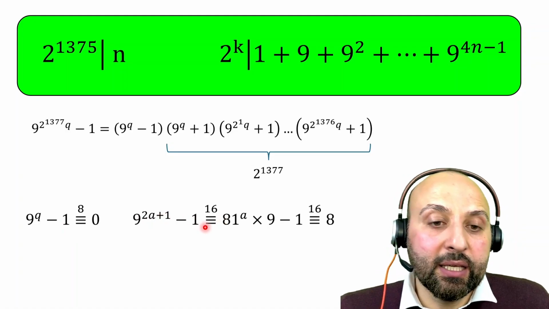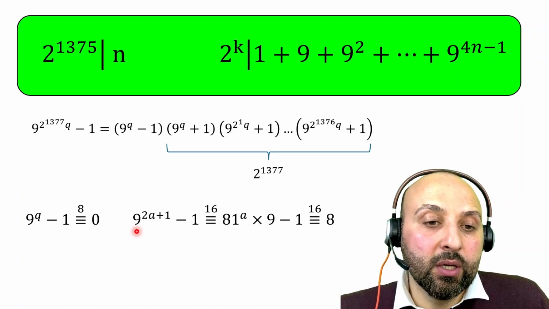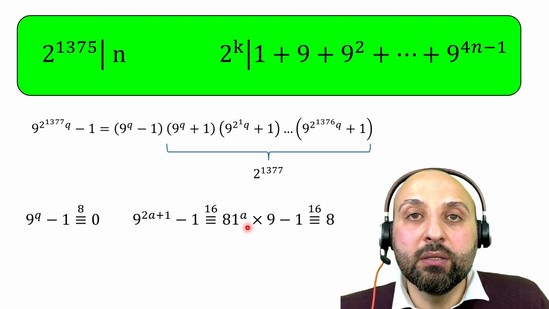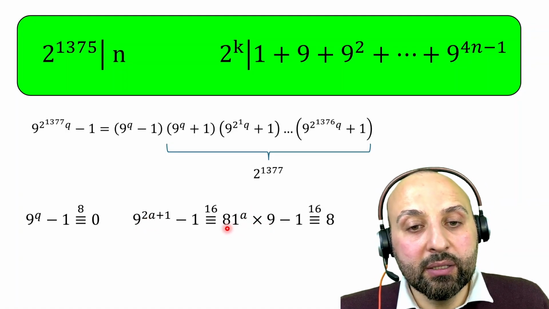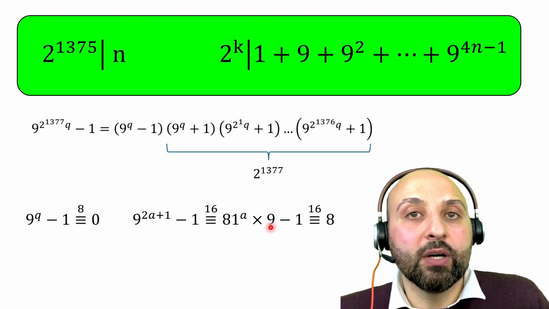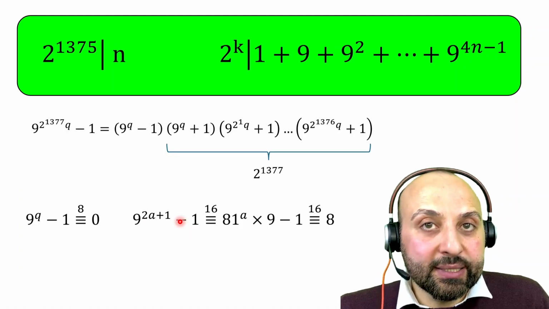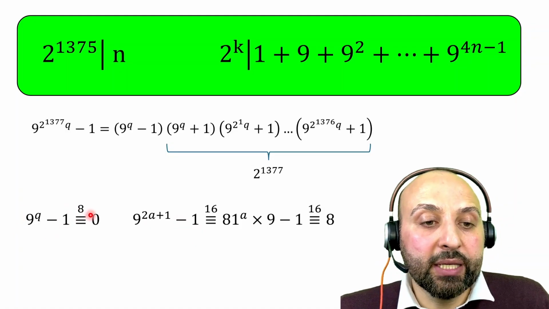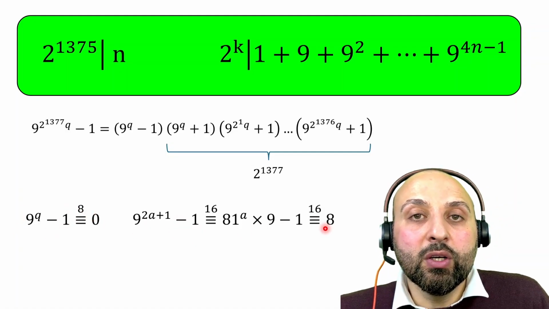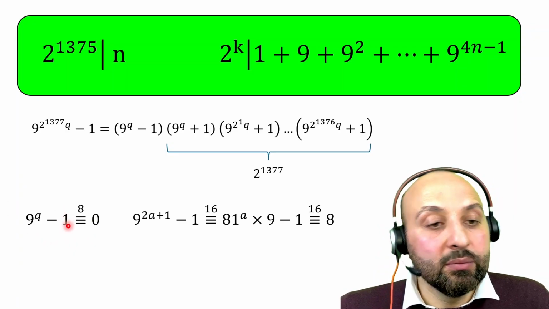And I show that if I take this number modulo 16, this will not become 0. 9 power 2 is 81, power a, multiplied by 9. 81 modulo 16 is 1, so this totally becomes 1 times 9, which is 9, minus 1 is 8. So this number modulo 16 is 8, and this number modulo 8 is 0. Therefore, the maximum power of 2 that divides this number is 2 power 3. It's basically 8.